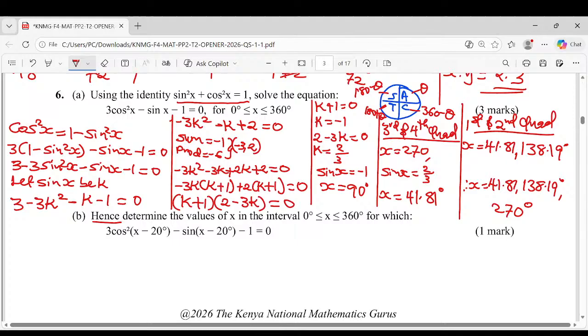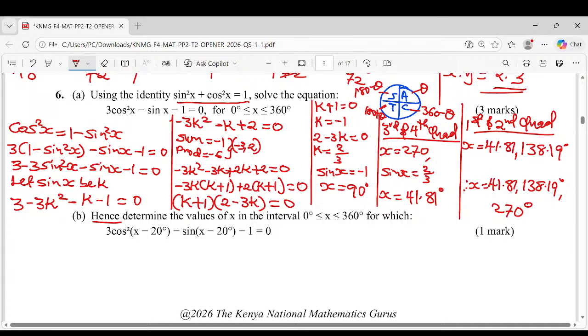When you look at the equation, 3 cos squared (x minus 20) minus sine (x minus 20) minus 1, we notice that this equation has almost the exact same structure as the one in part A, but with x minus 20 replacing the x in part A. Wherever there is an x in part A, in part B they are using x minus 20.